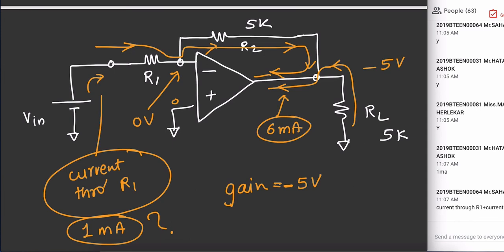So questions in examinations will be based on some situation given. The question can be like this: Sunil is analyzing the following circuit and he is interested in finding out current through R1. The load resistor is 5K and so on. Many things are given. Appropriate things are given.